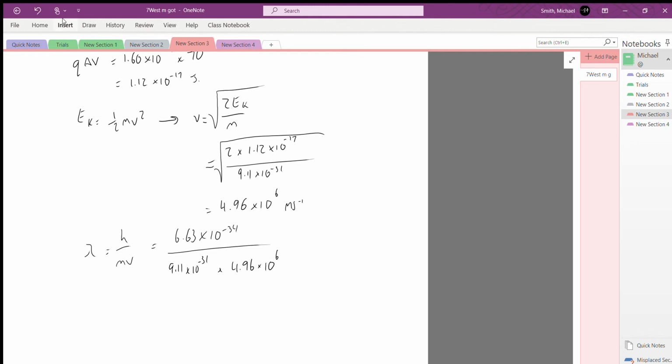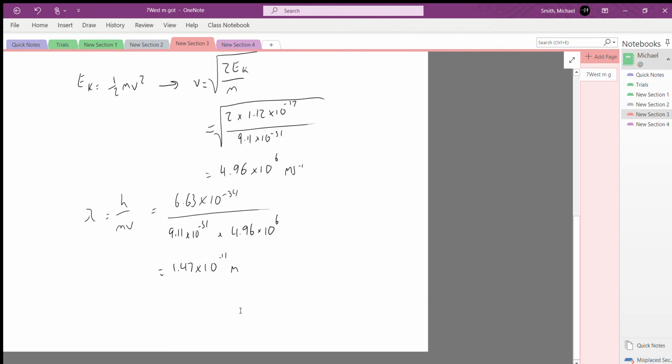And if we put that into our calculator, we get 1.47 times 10 to the power of minus 11 meters. So finally we have the de Broglie wavelength for the electrons.